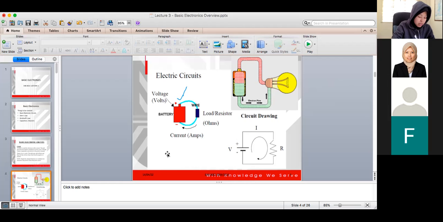In this case the light bulb becomes the resistor or load. In an electronic circuit, any component that is placed becomes a resistor, like this light bulb, because current passes through the component.